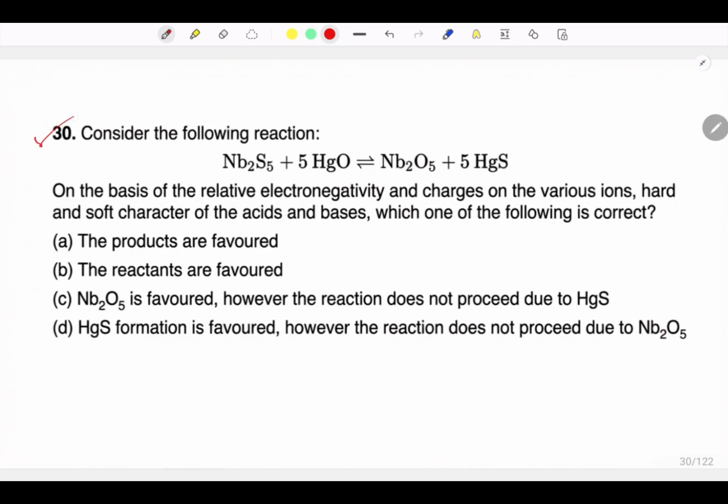Coming to question number 13, consider the following reaction. The reaction is given as Nb2S5 + 5Ag2O → Nb2O5 + 5Ag2S. So in this question, on the basis of relative electronegativity, charges on the various ions, hard and soft character, here we will use the HSAB principle.